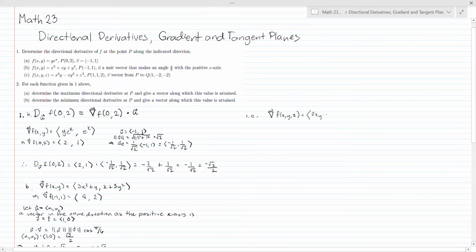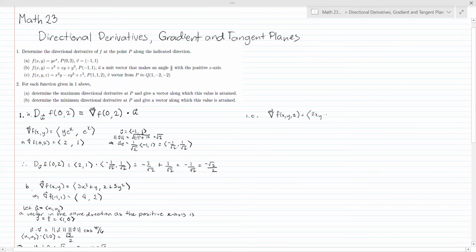Partial y is x squared minus 2xy. And then partial z is 3z squared. Now, yung gradient at the point (1, 1, 2), so this is equal to 2 minus 1, so that's just 1. 1 minus 2, negative 1, and then 3 times 4, 12, no?